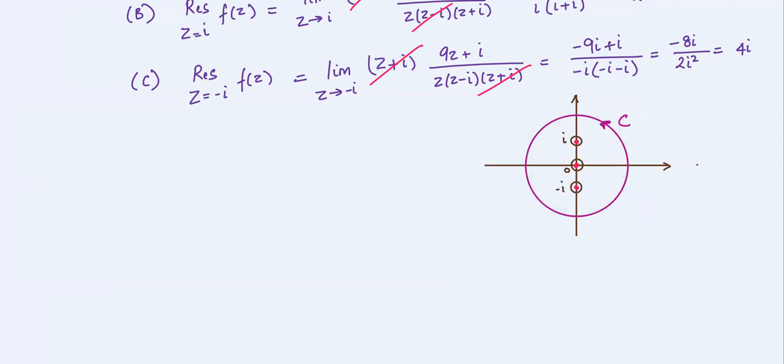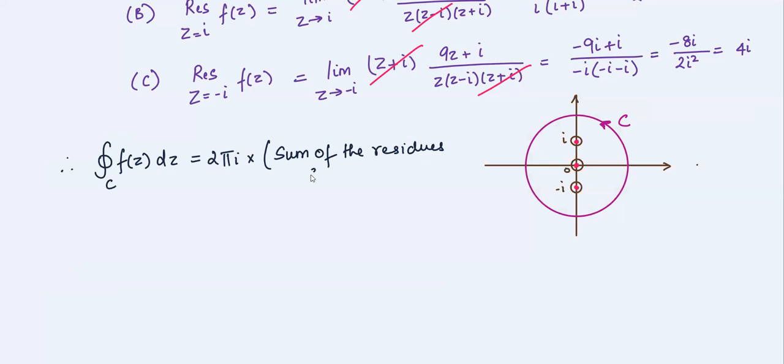So when I have to find this integral over C of f(z) dz, it is 2 pi i times the sum of the residues at 0, i, minus i.